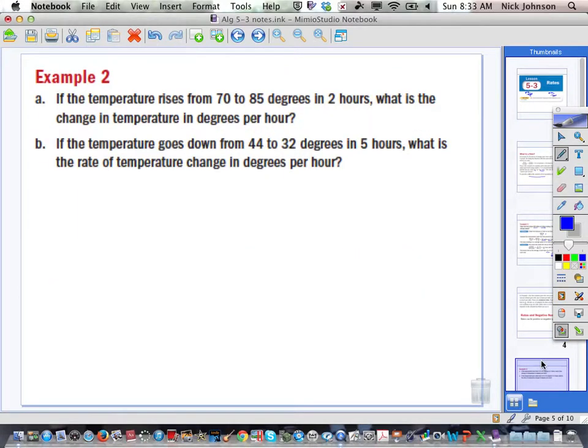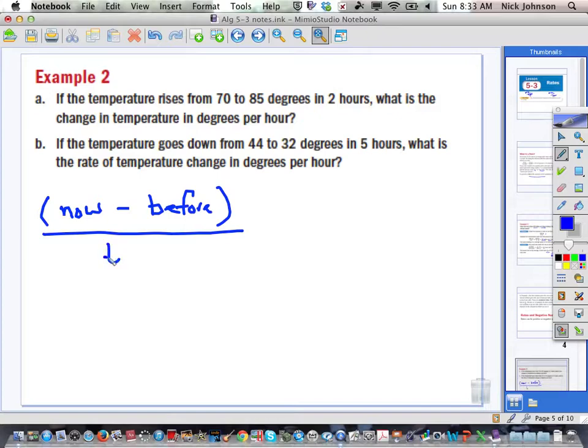Example 2 says, if the temperature rises from 70 to 85 degrees in 2 hours, what is the change in temperature in degrees per hour? So this is the formula that I use: now minus before, divided by time.